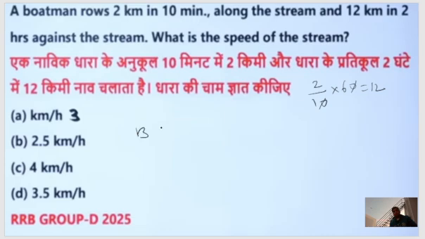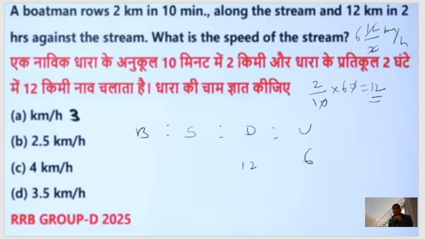So we write boat speed, stream speed, downstream speed, upstream speed. This is 12 for downstream speed, and upstream speed is how much? 12 kilometers in 2 hours, so 2 sixes are 12, the upstream speed is 6.